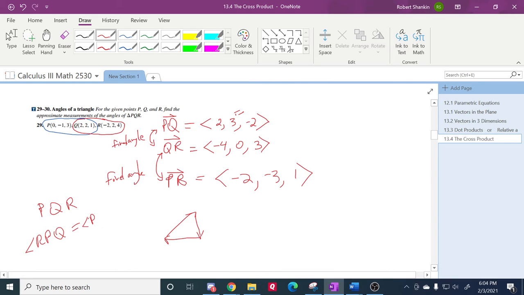To find out the cosine of that angle, I needed these 2 vectors only. So it depends on which side of which angle you want to find out first.